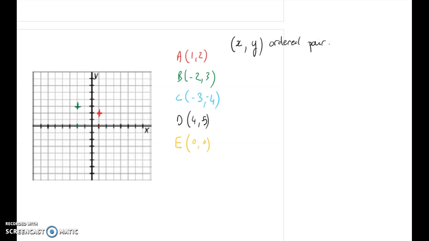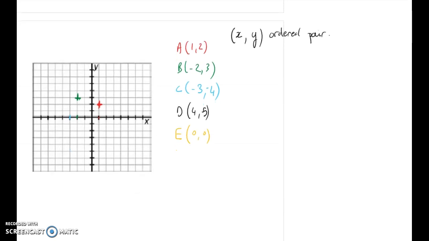My point B is right there. Now, if I look at the point C, I'm going to have X equals negative 3 and Y of the point C equals negative 4: 1, 2, 3, 4 is right here.